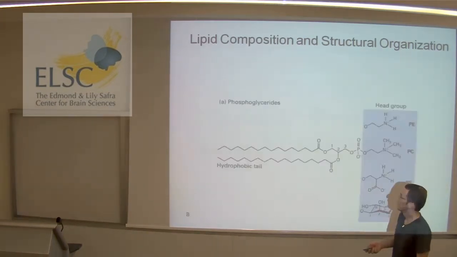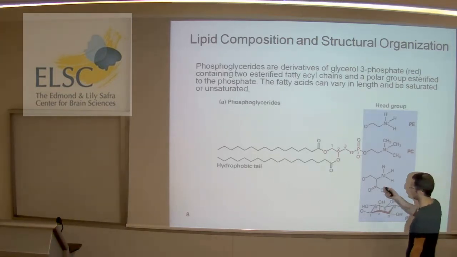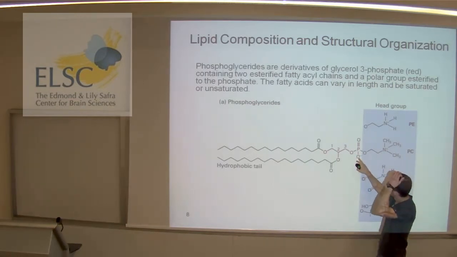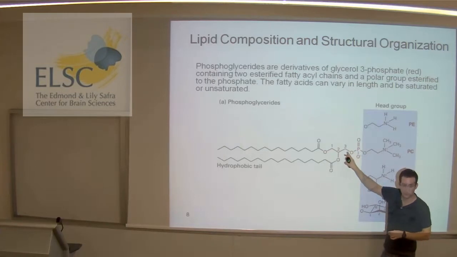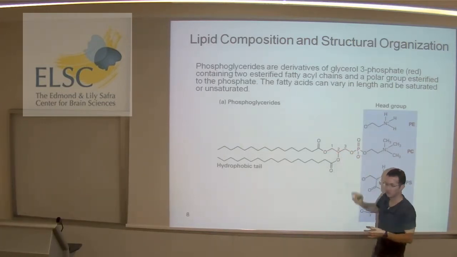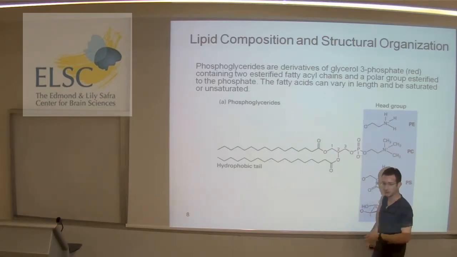Okay, now the first class, the phosphoglycerides, are all derivatives of glycerol 3-phosphate, here in red. So this moiety here will be found in all phosphoglycerides. And now to this basic component, you can play Lego and link other parts to it as you wish.